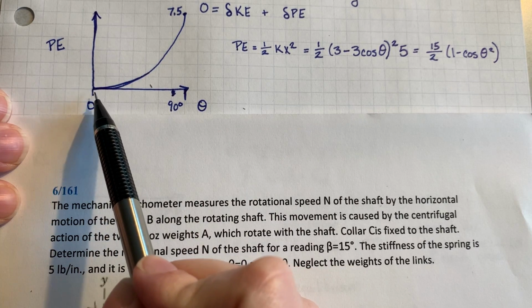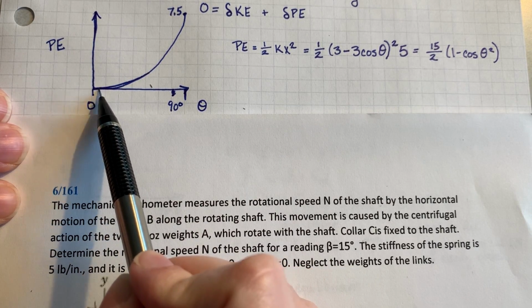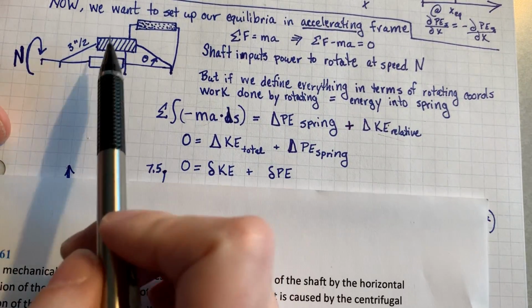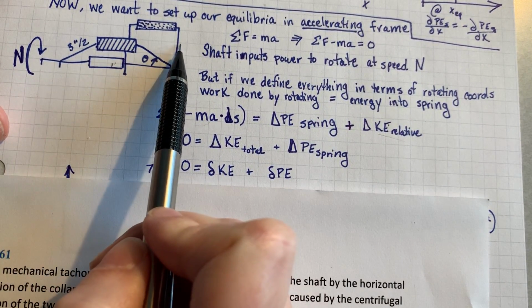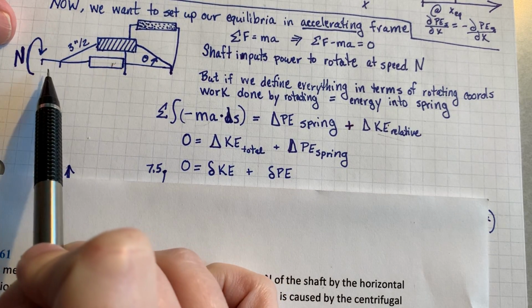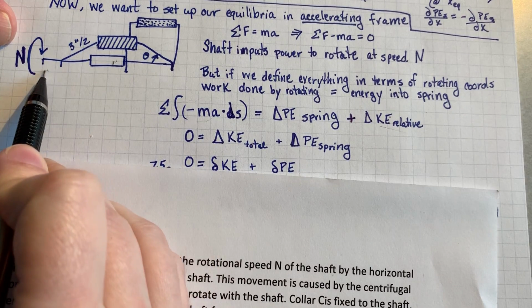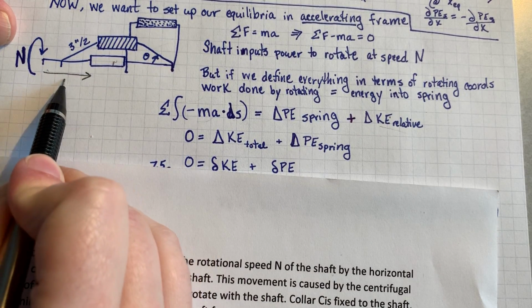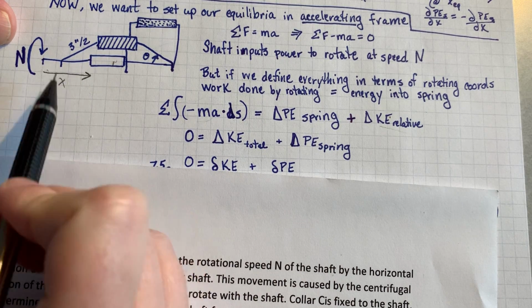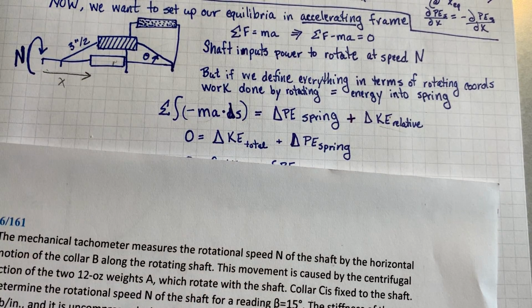For this problem, we can have theta between 0 here when it's flat like this, and 90 degrees here. And here the potential energy is going to be higher because that spring is going to have some x. Actually, let me draw that differently.